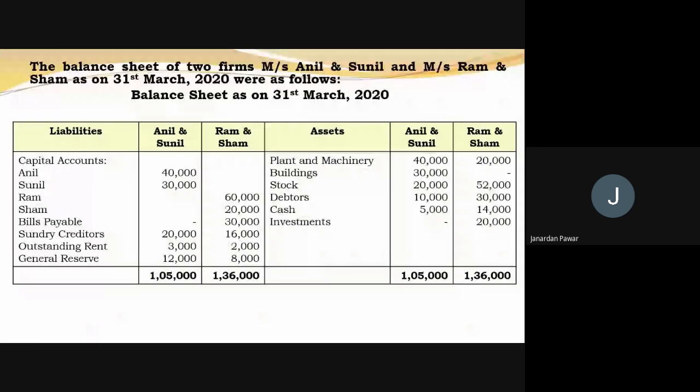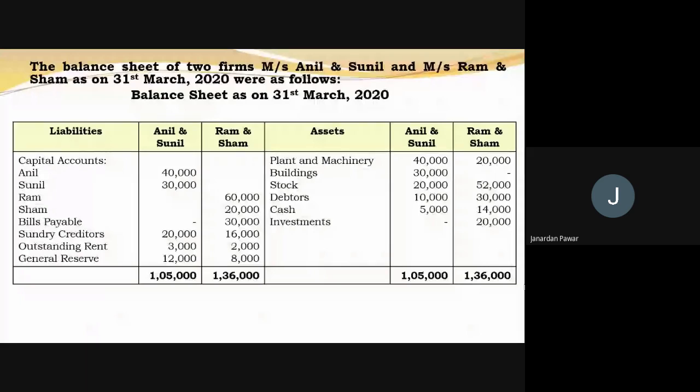Then general reserve of Anil and Sunil rupees 12,000, and Ram and Sham rupees 8,000. Then assets: plant and machinery rupees 40,000 for Anil and Sunil and 20,000 for Ram and Sham. Then buildings rupees 30,000 for Anil and Sunil only.